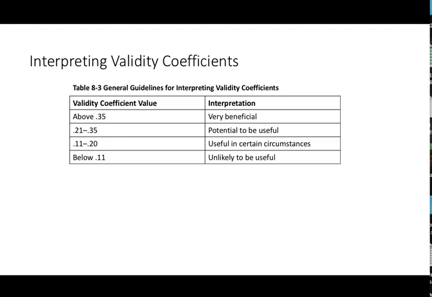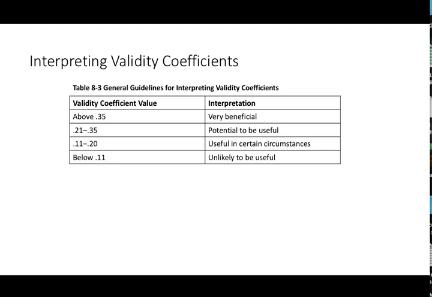Validity coefficients are on a different scale, and so you are unlikely to see something that exceeds 0.4. So according to the guidelines here, anything that's above a 0.35 is incredibly beneficial. Anything from 0.35 to 0.45-ish is what we would usually see, and those are the ones we would ideally like to use. Anything from 0.21 to 0.35 can be useful, but they may have some flaws.